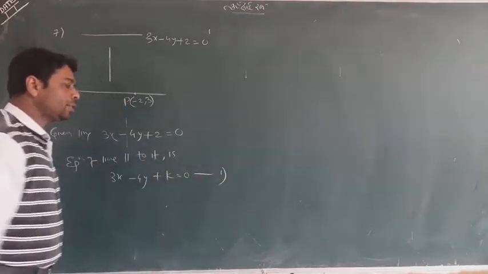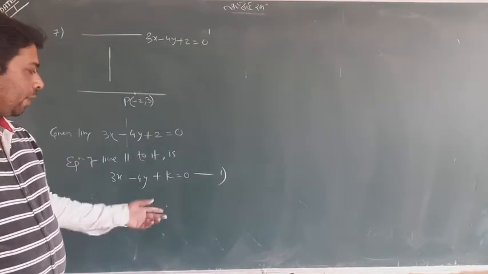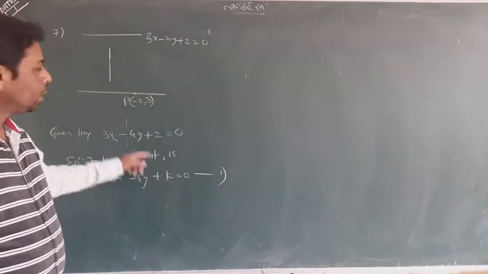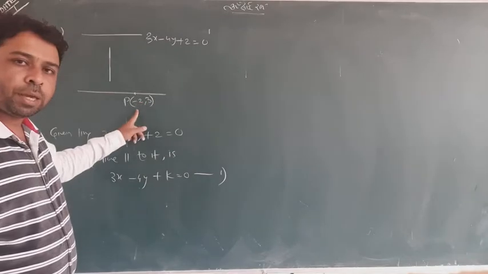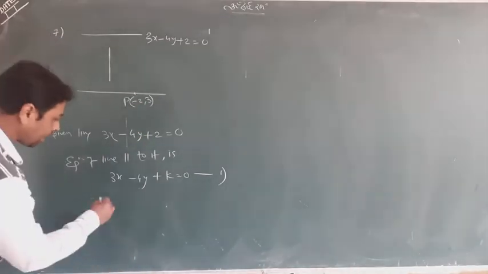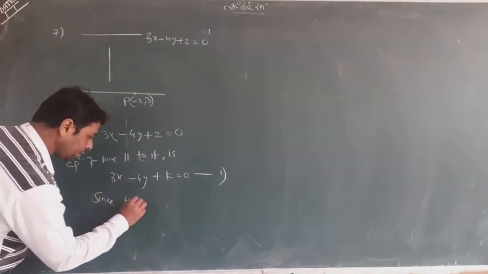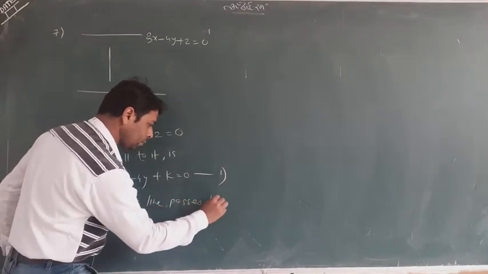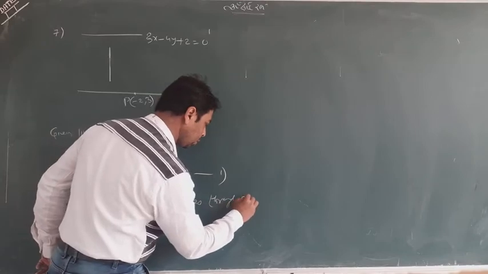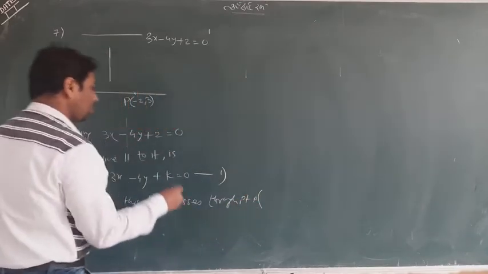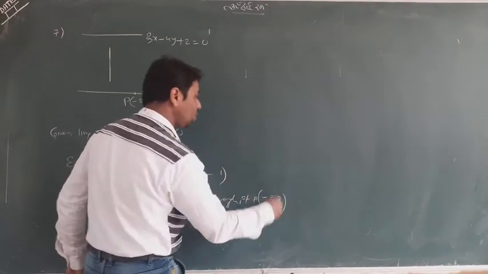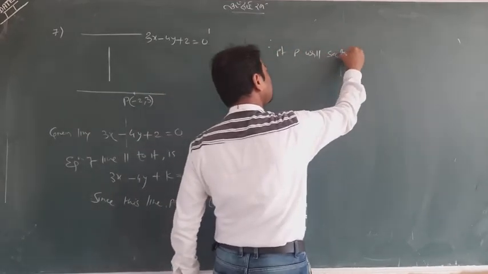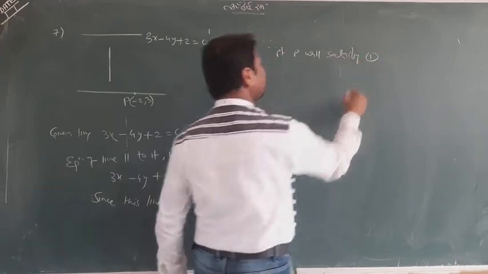So this is my answer, but k is still unknown. So how can we find k? You can understand that this line we have got in the form of k. Since this line passes through P, P will satisfy this. I will write here, since this line passes through the point P(minus 2, 3), point P will satisfy it.